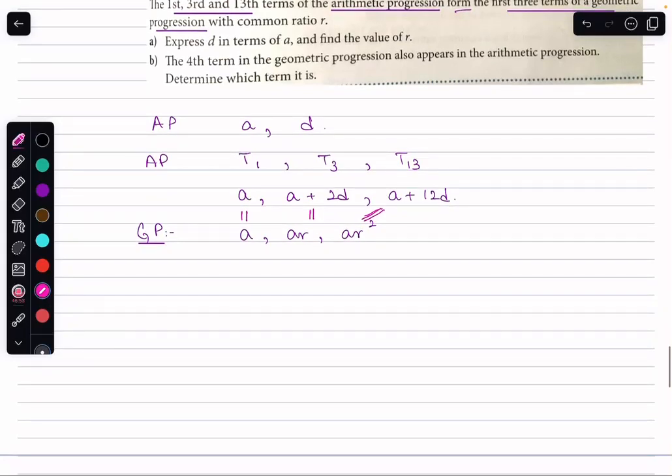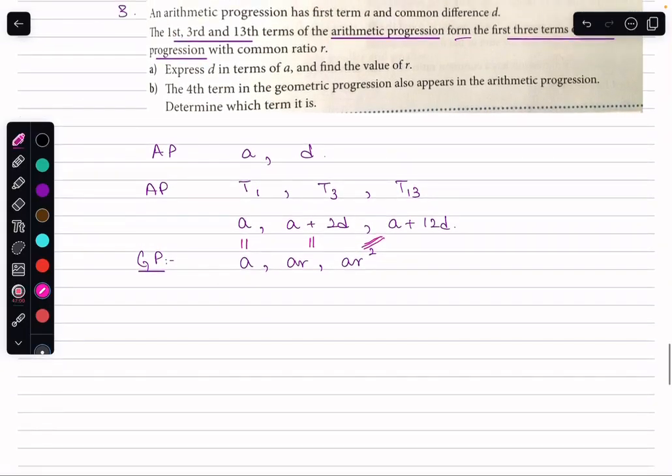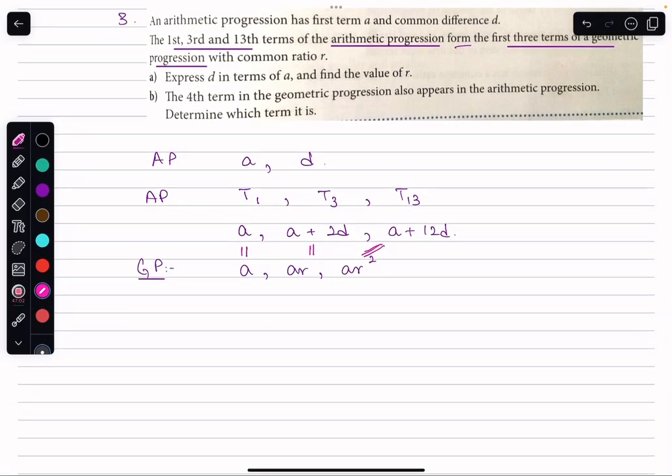So expressing d in terms of a, what I can say here is that I can compare a plus 2d. If I compare the third term of the AP to the second term of the GP, I can say it's a plus 2d, which is equal to ar.